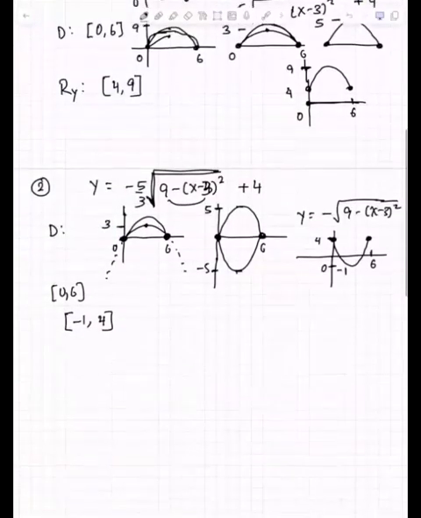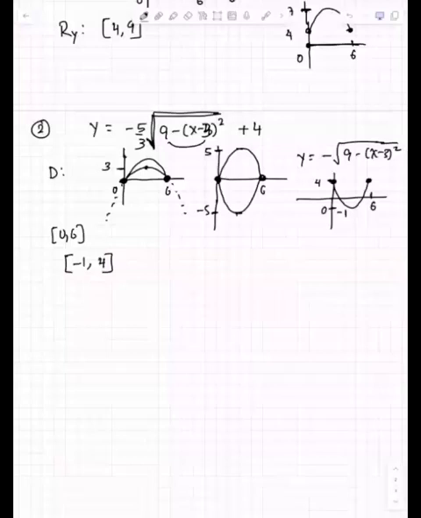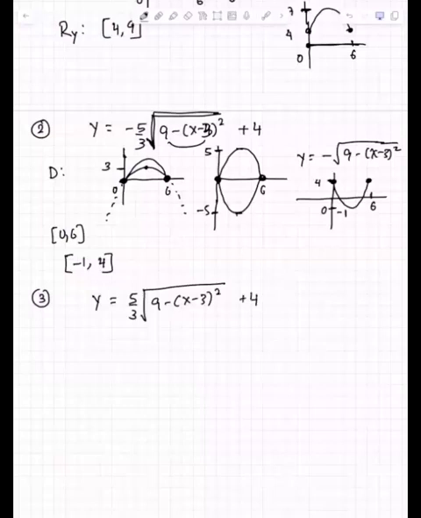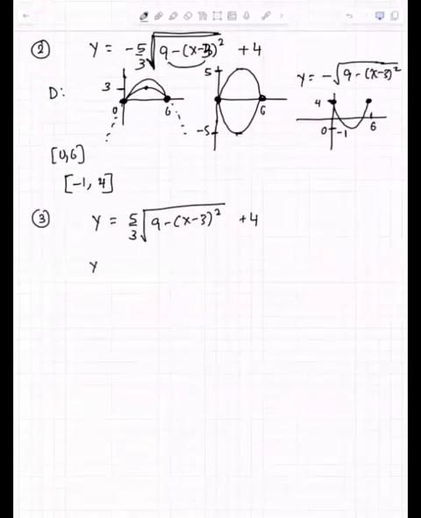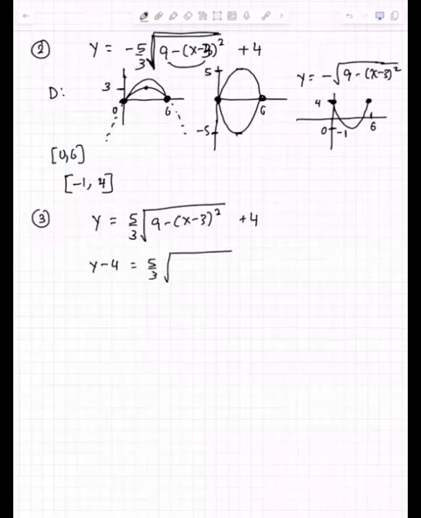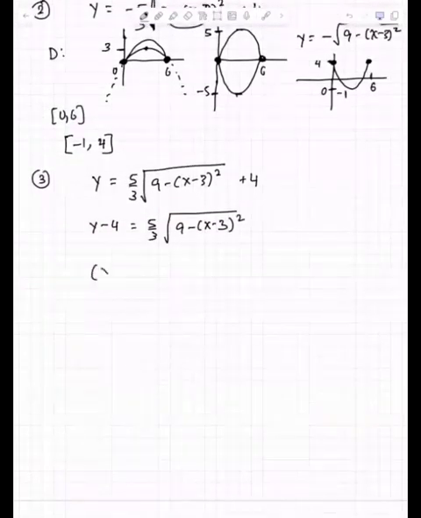So that's okay. And finally, let's put it all together. What is the conic which has these two pieces as its functions? We can pick either one of them and do it. I'm going to just do it with the top half. Let's bring the 4 to the other side. Square both sides.